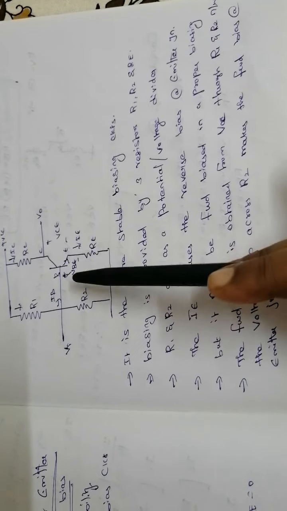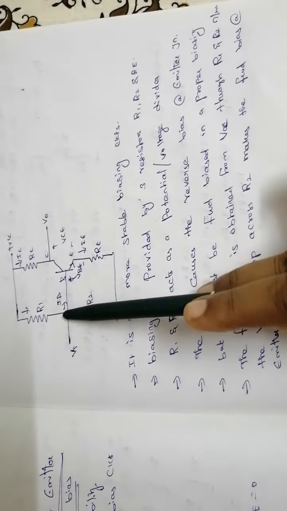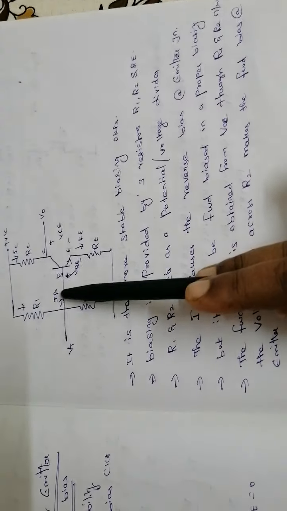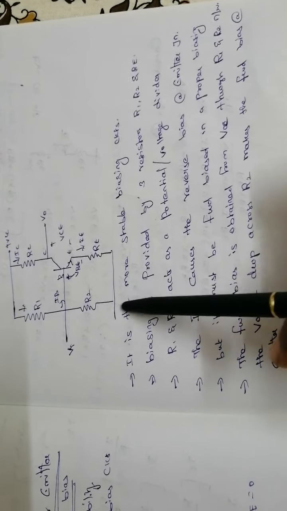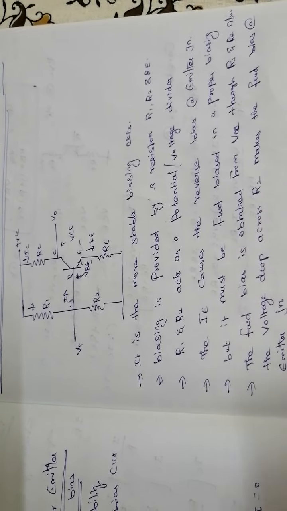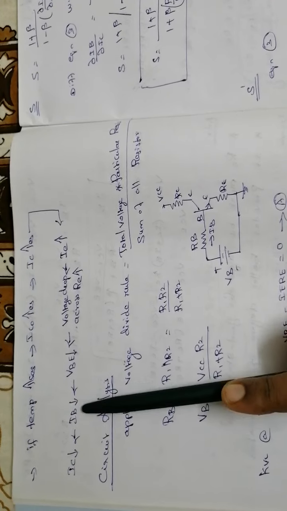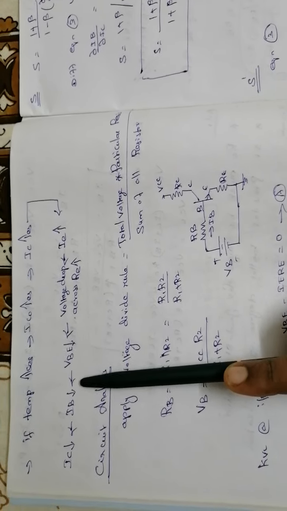It automatically decreases the base emitter voltage. If the base emitter voltage decreases, it will reduce the base current. Then automatically the collector current is reduced. In such a way, the circuit stabilizes the collector current. So this is the hint of the operation, that is how the collector current is maintained constant.